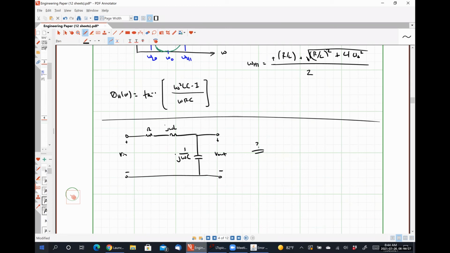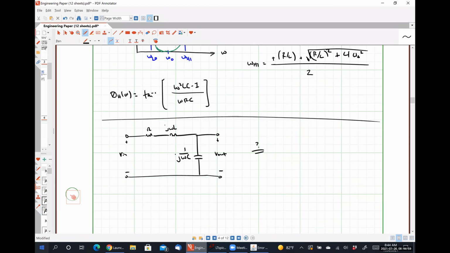So at very low frequencies, what does the inductor look like? A short circuit. And at very low frequencies, what does the capacitor look like? An open circuit. So at very low frequencies, the inductor doesn't do anything at all because it behaves as a short circuit.